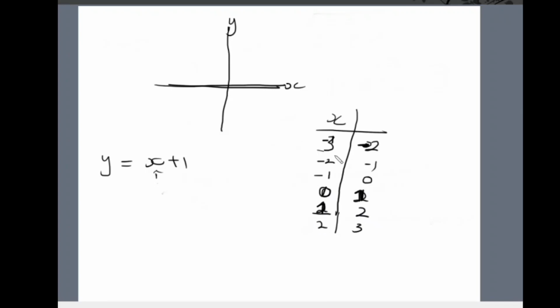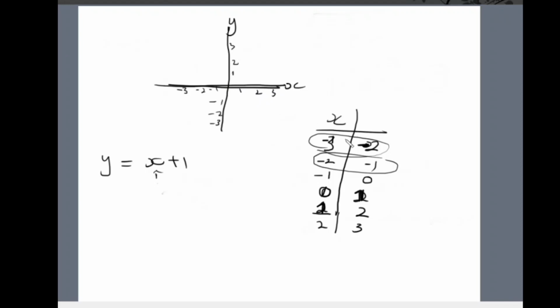So now we have pairs of independent and dependent variables. When you plot this on your Cartesian plane, let's say this is minus 3, this is minus 2, that is minus 1. This is 1, 2, 3, that's 1, 2, 3, minus 1, minus 2, minus 3, right?